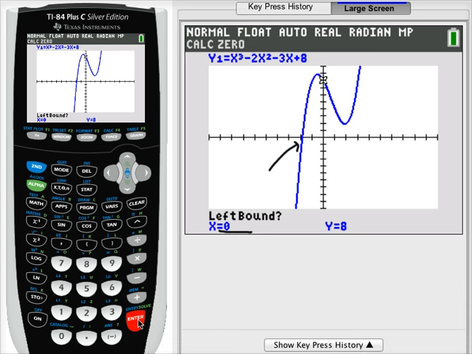So it's telling me find the left bound. Okay, so I'm going to scroll till I'm to the left of it, hit enter, scroll to the right of it, hit enter. When it says guess, hit enter one more time, and here it is, negative 1.880.